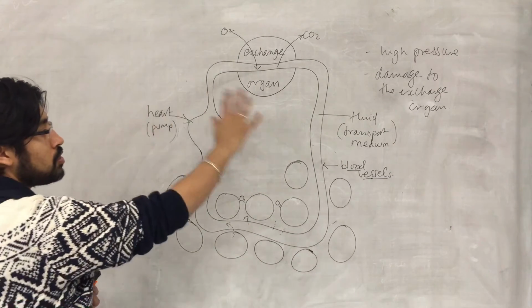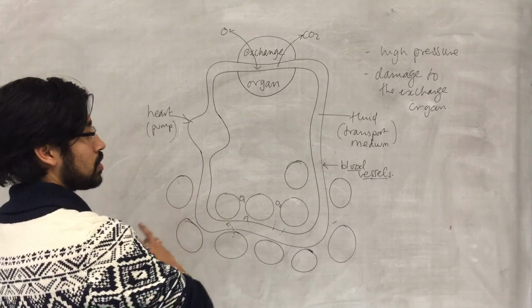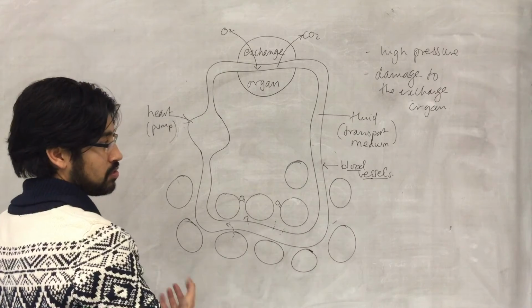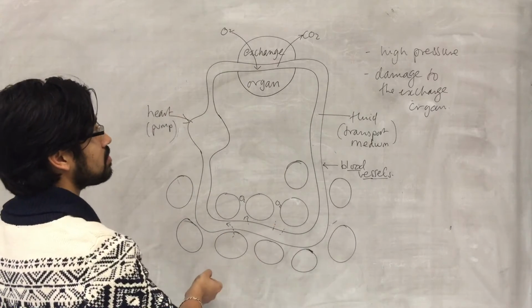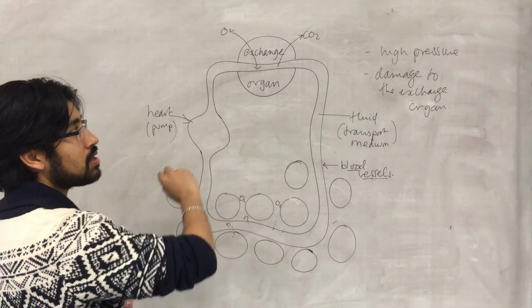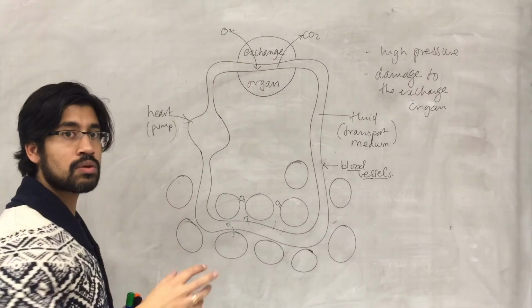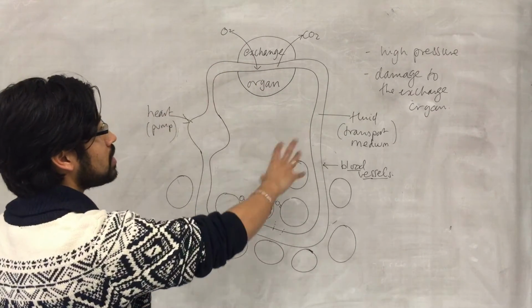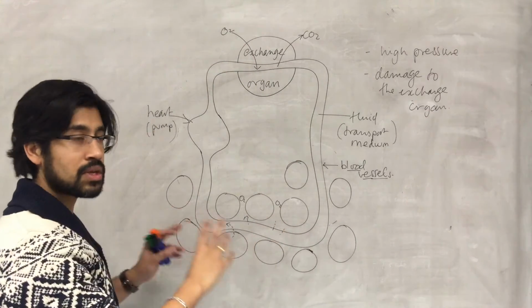So how do you allow greater pressure within the transport system or within the circulatory system without damaging your exchange organ? And that is when the double circulatory system comes in.